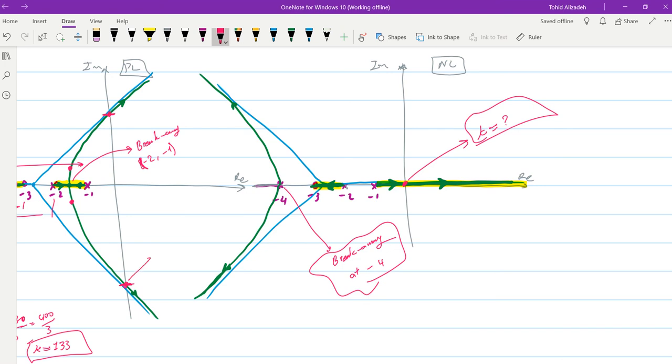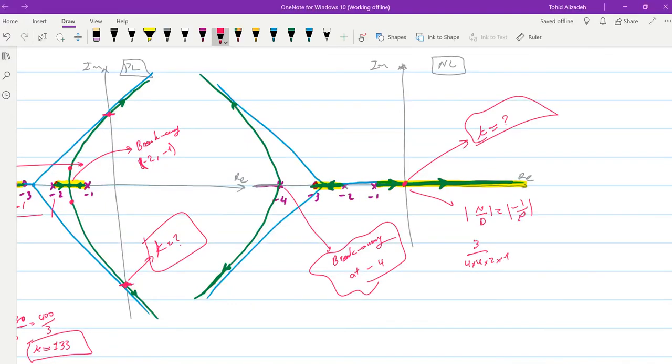And we need to determine it for these 2 points. Doing it for the negative locus is easier. Over here we can apply the amplitude condition, n over d equal to minus 1 over rho. So for n we will have 3, for d we will have 4 times 4 times 2 times 1, and it's equal to minus 1 over rho.